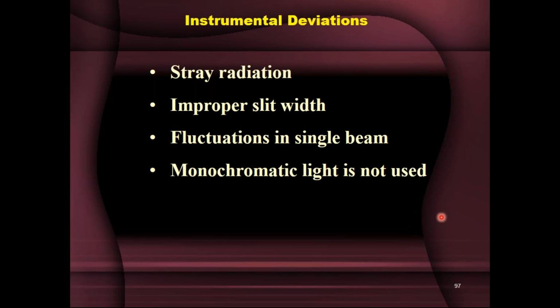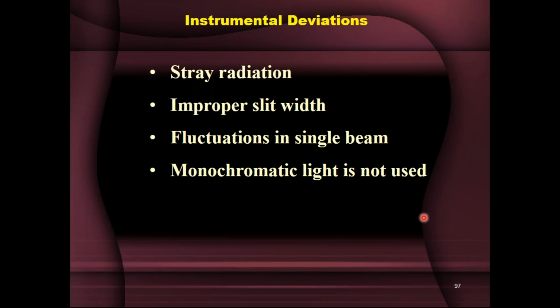And lasers are not practical to use with our spectroscopic instruments, because one laser will give light of only one wavelength. So you can analyze only one compound or a few compounds at that wavelength. If you want to change the wavelength, you will have to change the laser source.